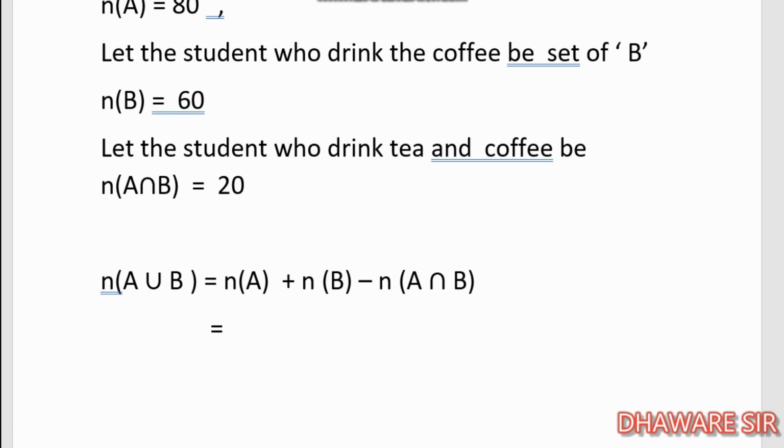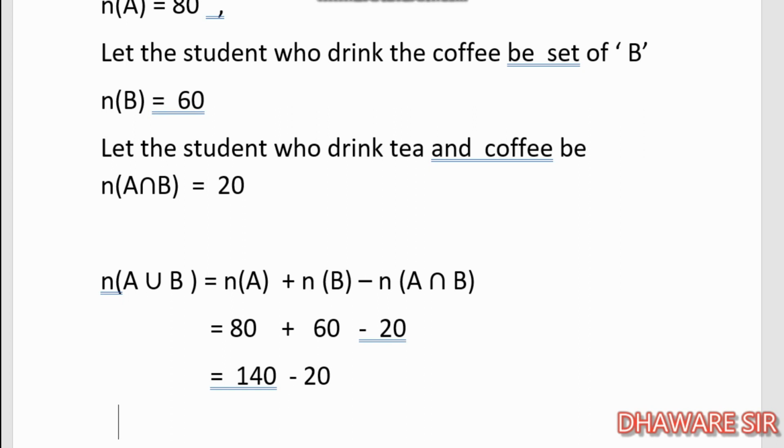What is the value of n of A? 80 plus 60 minus 20. So 80 plus 60 is 140 minus 20.